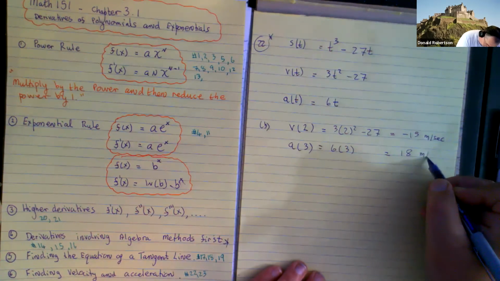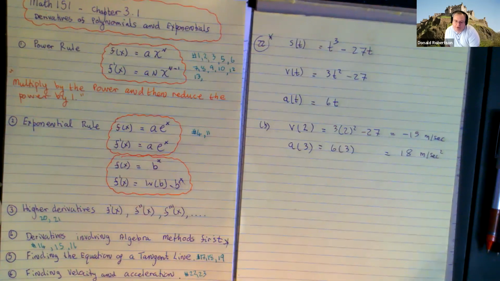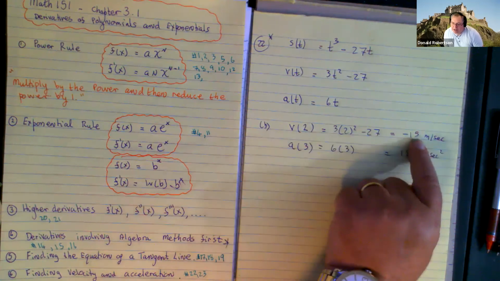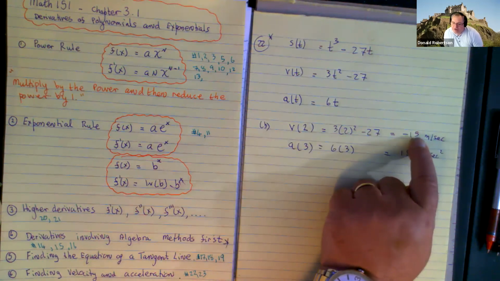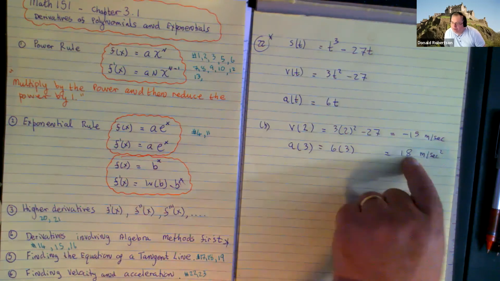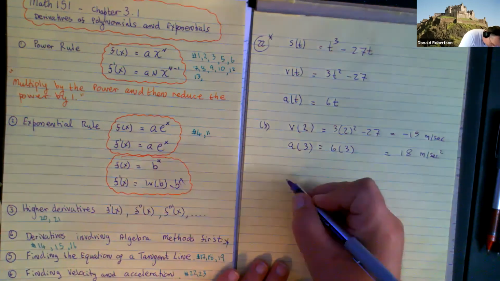And if you happen to be into physics, you'll know the acceleration has units like meters per second squared. So I can tell you at this point in time, isn't the velocity negative, and at this point in time, isn't the acceleration positive.